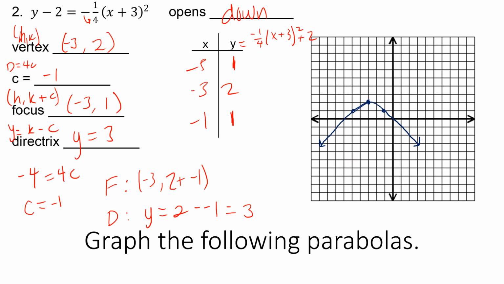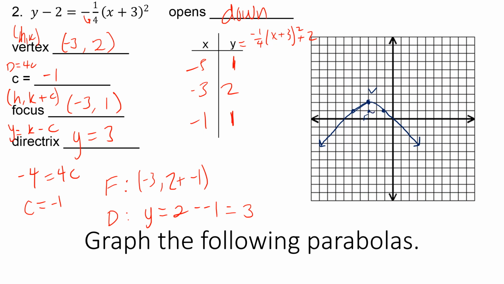So then, once I have this, I'm going to go ahead and put in my focus and my directrix. Notice that my focus is right here at -3, 1. And if you look, you can see that these are multiples of my C distance from my directrix with my focus. So here's my focus, vertex.